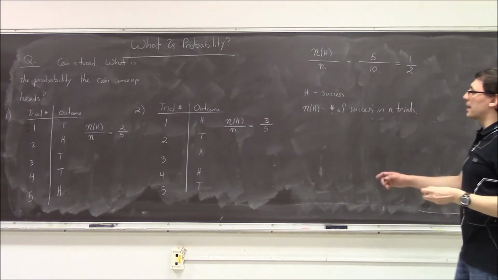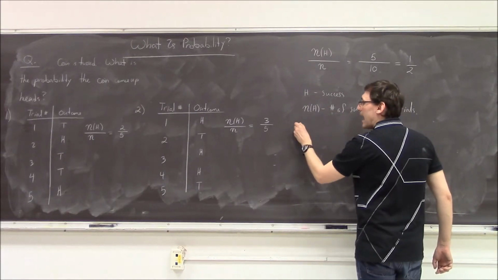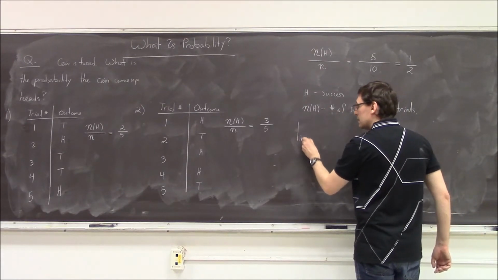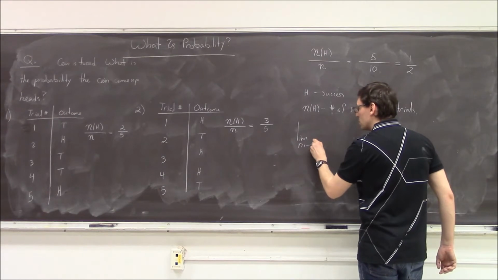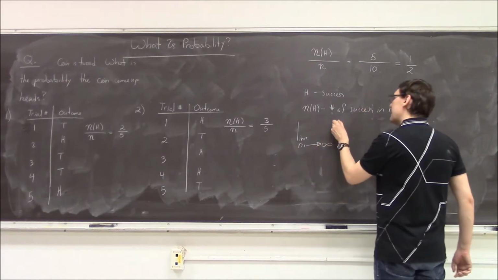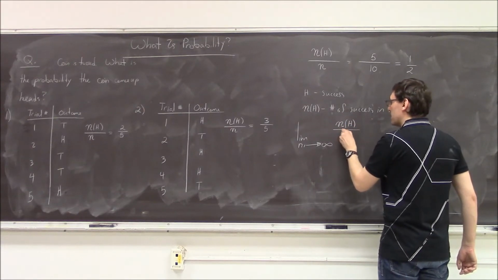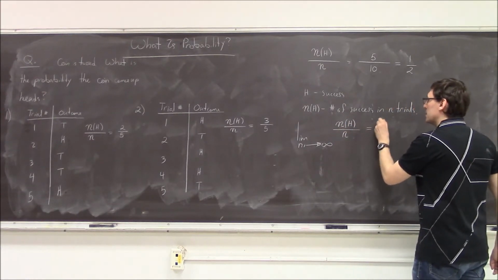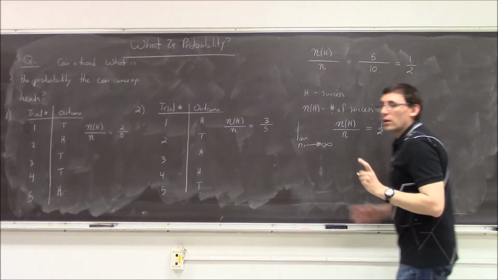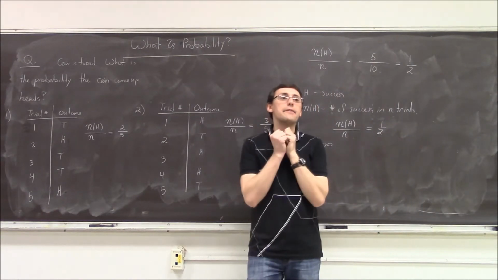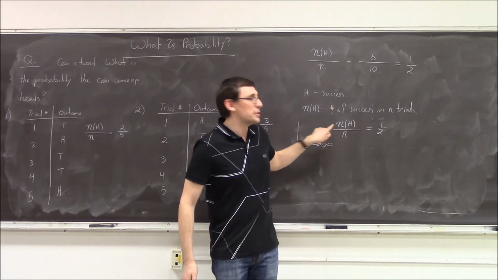If I define n like this, I might have the belief that the limit as n goes to infinity of nh divided by n will indeed be 1/2. So think about it. I have no idea what the sequence will be.